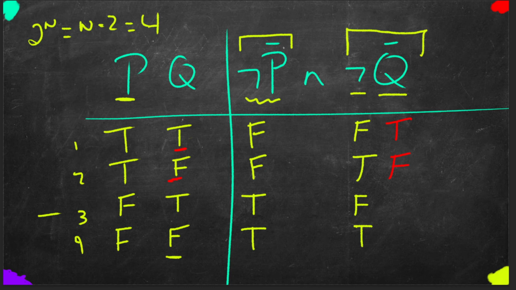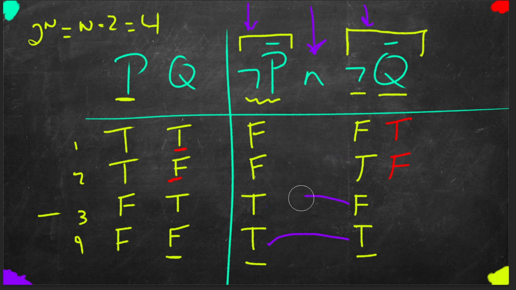Now that we have the truth value of not P for every interpretation, and we have the truth value of not Q for every interpretation, we're going to take these truth values, F and F, F and T, and F, T and T, that is the truth values assigned to these two formulas, and run them through the conjunction valuation function. So let's do that right now.